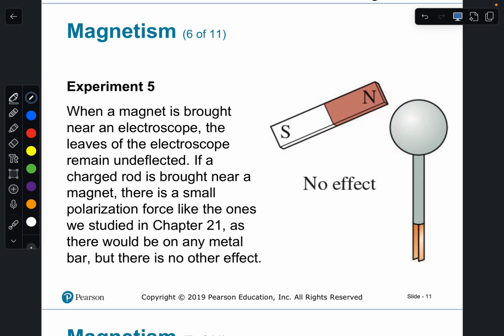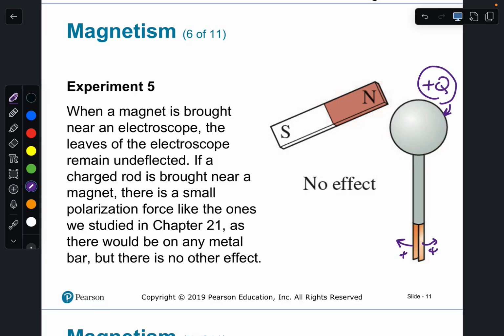So if we bring a magnet near an electroscope, so what is an electroscope? That is like a neutral sphere that we looked at when we were examining electric fields. If you bring a magnetic object near an electroscope, nothing happens, right? Let me tell you what an electroscope is, and then it'll make sense. If I bring a charged particle, plus Q, nearby this thing, these two little plates, they're actually little films, will separate, because they'll get charged positively and be repulsed by each other.